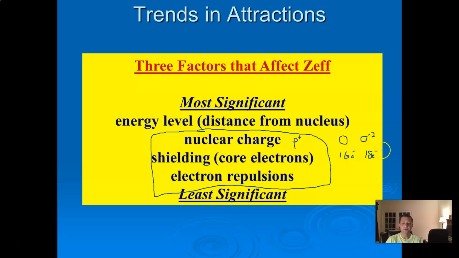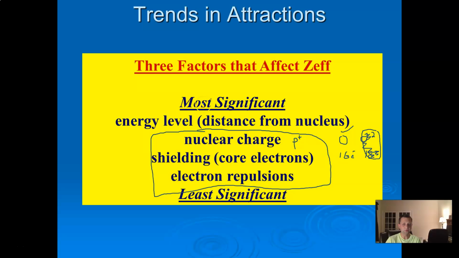So there are more electron repulsions here, and that weakens your attraction. Because it's Z minus S minus R, that repulsion factor will be bigger. Since that's bigger, it's going to decrease your effective nuclear charge. So oxygen, in this case, will have a stronger attraction than oxide because it has fewer electrons and weaker electron-electron repulsions. So that's how you go through that list.